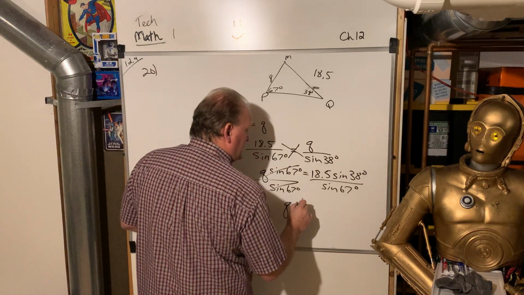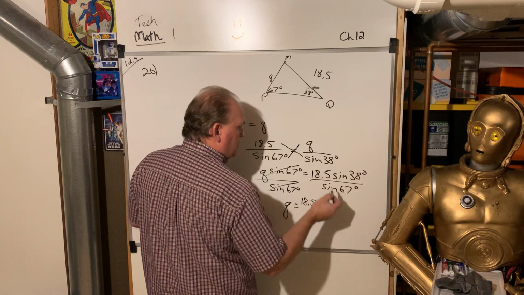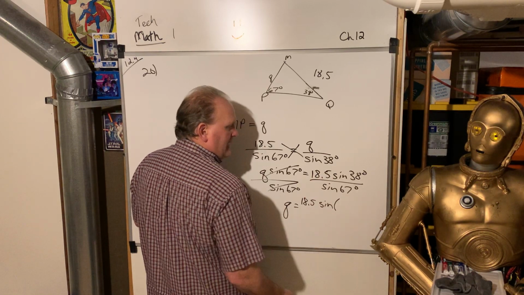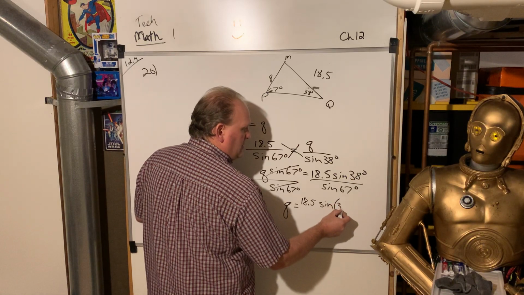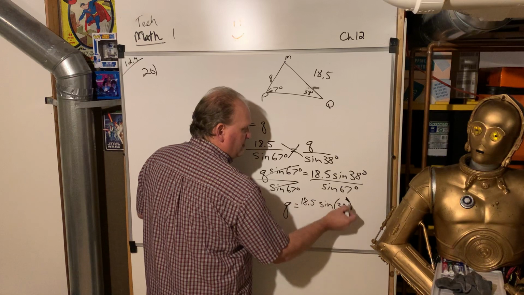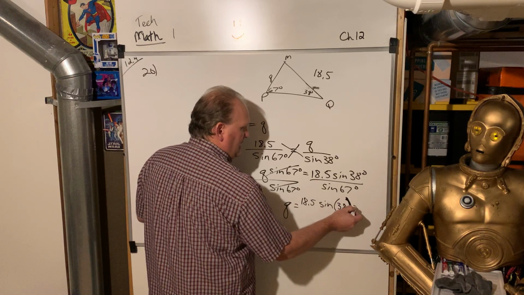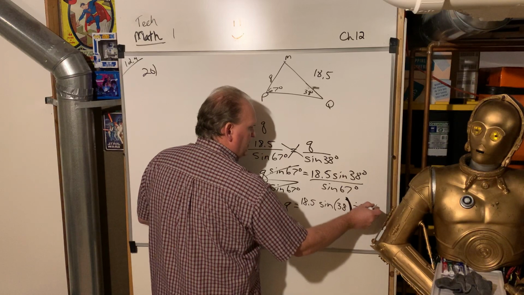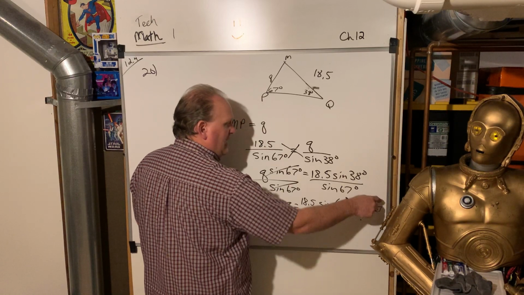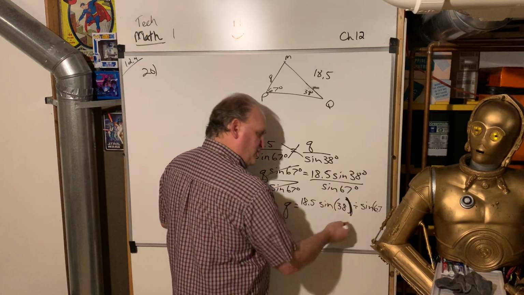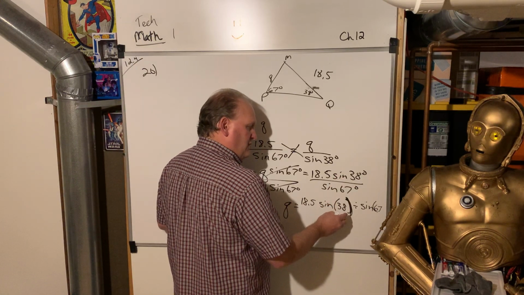Now, when you key this in your calculator, you can write 18.5. You could do times sine or not, it doesn't matter. You hit sine, it throws that up. Now you do 38, make sure you're in degrees, and you have to remember this end parenthesis. Everybody forgets that. And then divided by sine 67. It doesn't matter if you put the last one on that 67, but this one does matter that you close it so it takes the sine of 38.